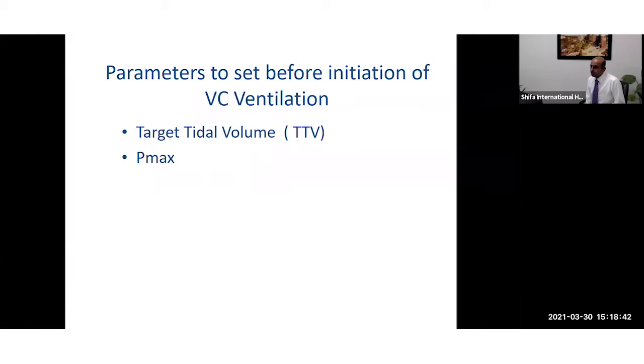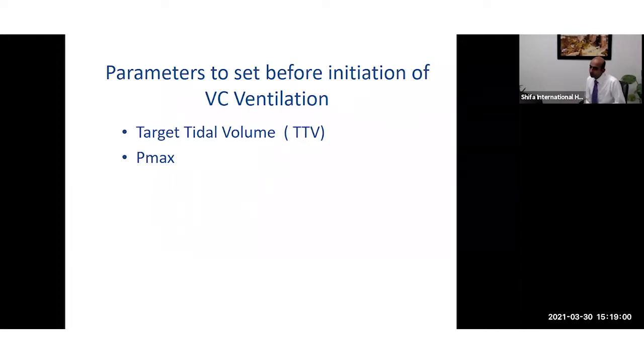On volume control ventilation, we do not set the peak inspiratory pressure because that will vary depending upon the individual lung compliance with each breath. However, as a safety parameter, in all ventilators there is a setting called P max, which means the ventilator will not go beyond this P max.